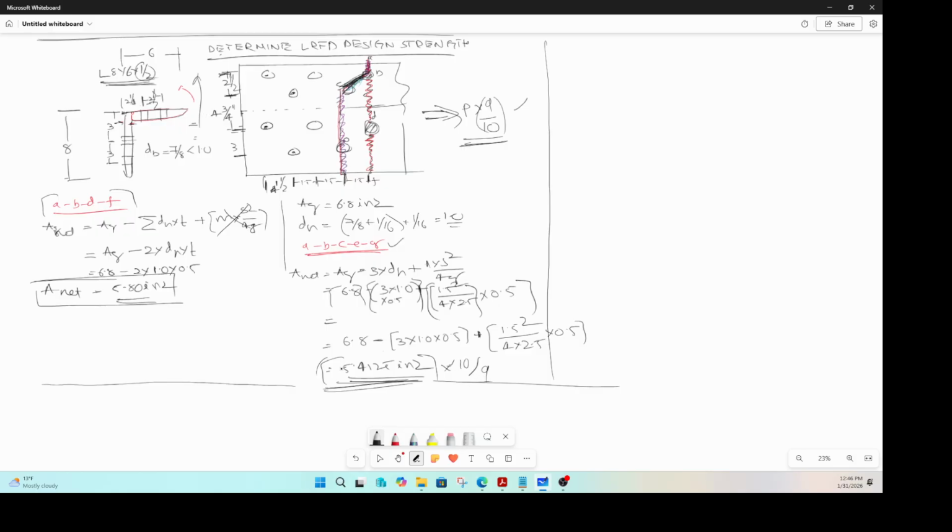When you multiply this net area by 10 by 9, it becomes 6.014 inch square. So we are done with the second path, the net area for A, B, C, E, G. If you want to compare it with all of the net areas, you need to bump it up by a factor of 10 by 9, and then pick up the least value.